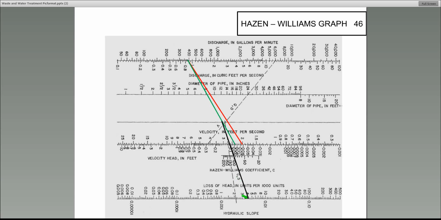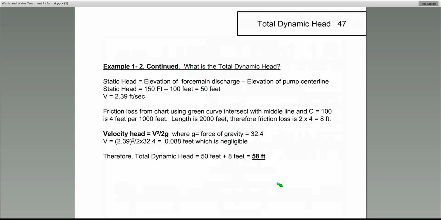That's the loss of head in units per 1,000 units. So since we have a horizontal length of 2,000 feet, the friction loss is in thousands, 2 times the 4 from the chart. It gives you a friction loss of 8. Now to calculate the velocity head, the velocity is 2.39 squared divided by 2 times gravity, 32.4, and it's 0.088, which is pretty much insignificant.